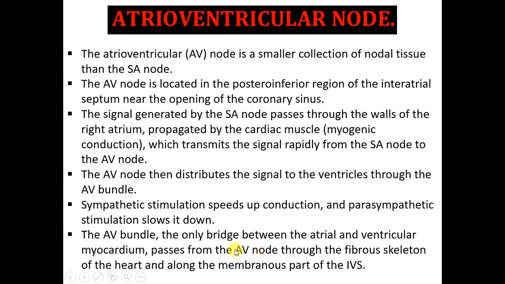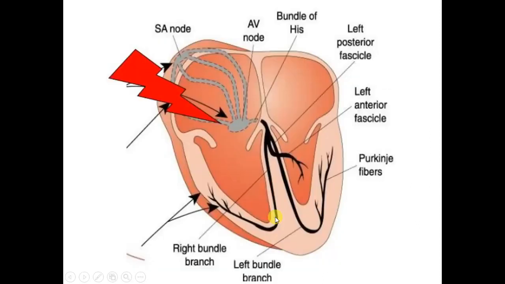The only pathway is the AV node and AV bundle, and that AV bundle runs along the membranous part of the interventricular septum. So here we see the SA node and then internodal pathway and then the AV node, and then the bundle of His and then the bundle branches.